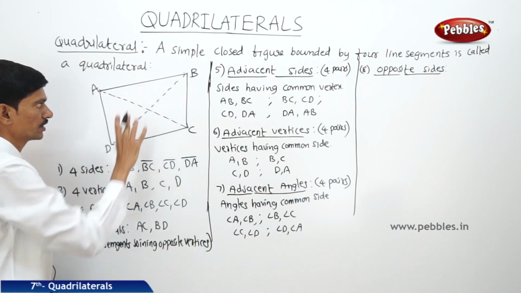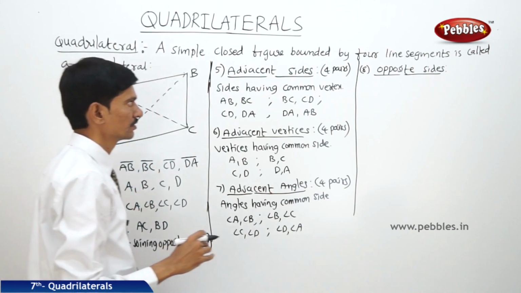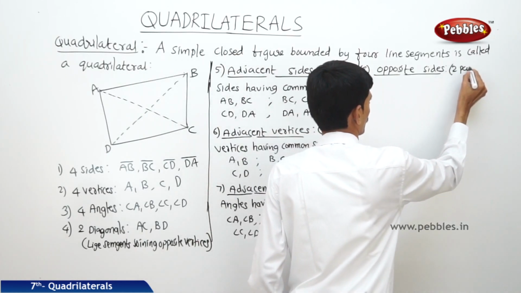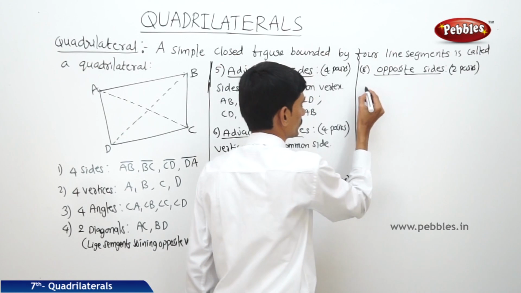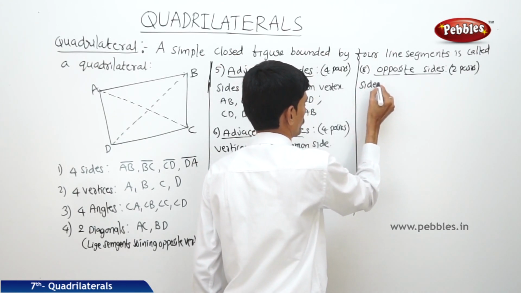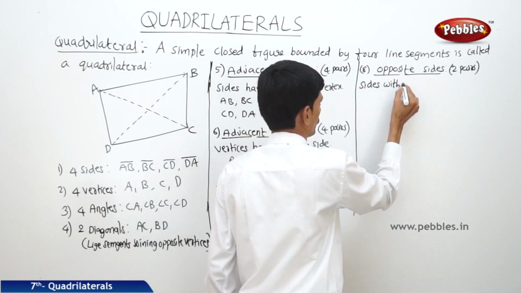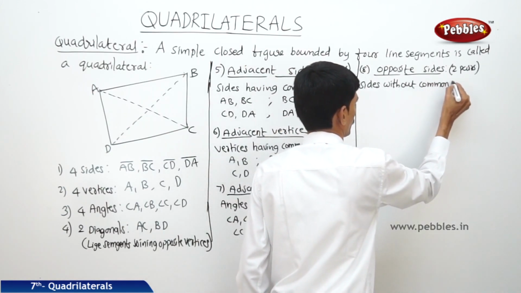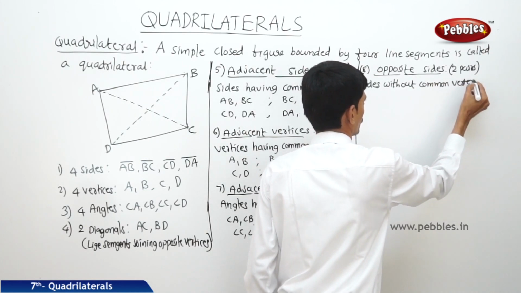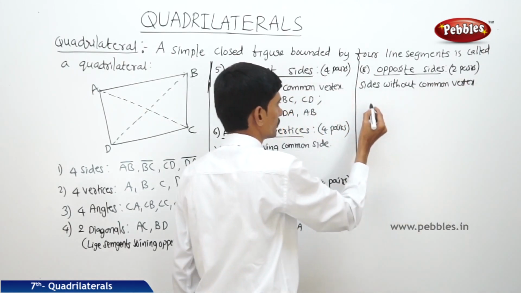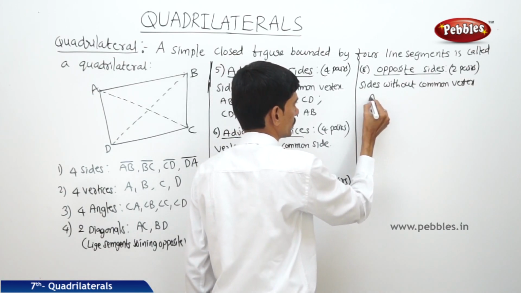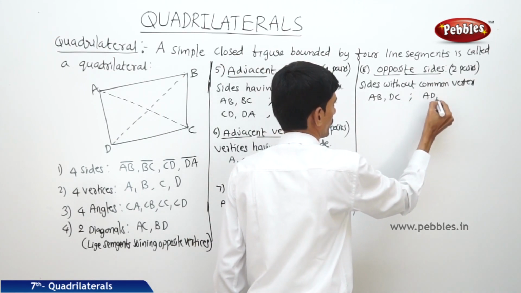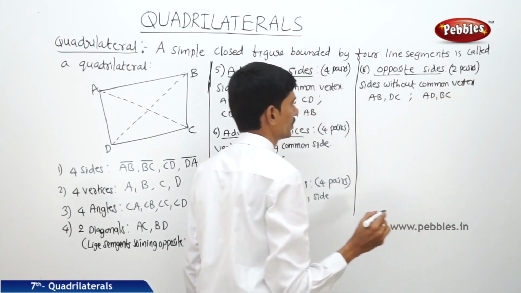So there are two pairs of opposite sides, AB, DC and AD, BC.